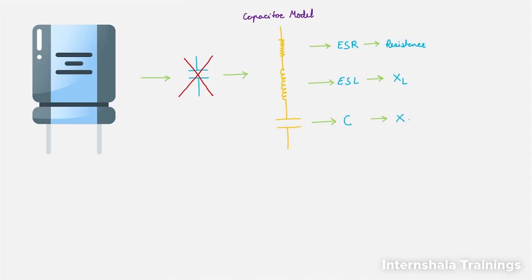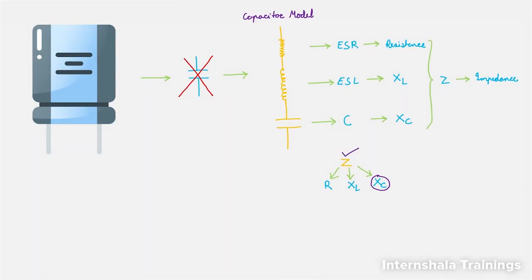So the combined effect of resistance, inductive reactance and capacitive reactance contributes to the impedance of the capacitor. And out of all three properties, the effect of capacitive reactance will be dominant in the impedance of the capacitor, because we are dealing with a capacitor, so it's obvious that its effect will be dominant.